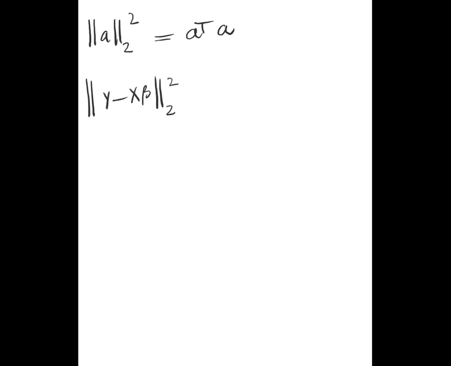You can call this a now, and then this will be y minus x beta transpose times y minus x beta. That makes sense? Okay, good. Great.